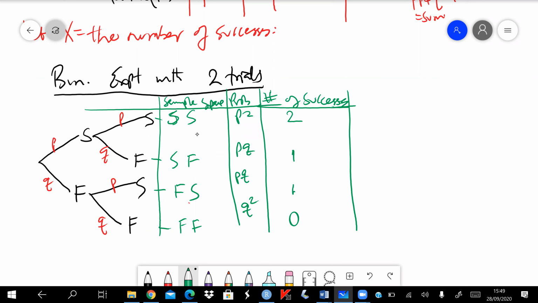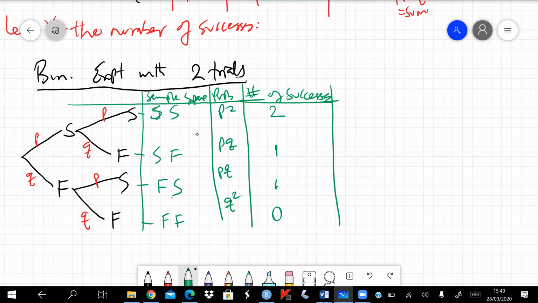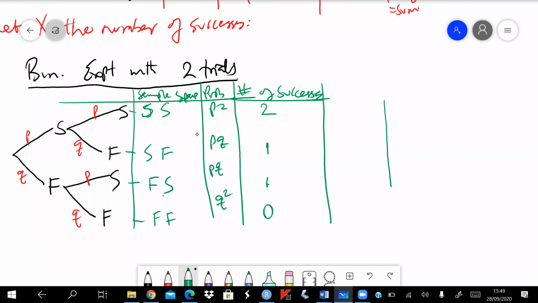So with that, we can come up with a table to represent that. So this is the number of successes ranging from 0 to 2, taking the whole numbers. So the number of successes takes the values 0, 1, or 2.